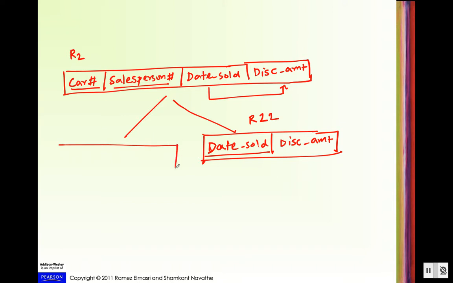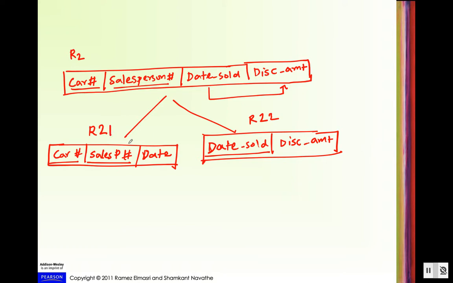And here I will have another relation with the attributes car number, salesperson number and date sold. I'm just writing in shortcut. Let me give it the name R21.